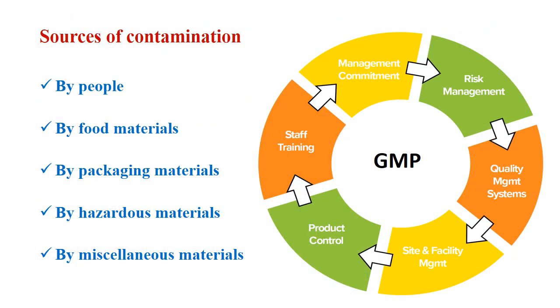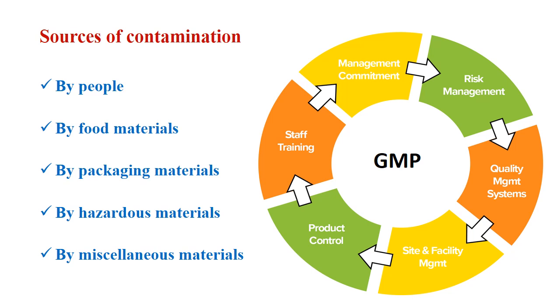As I mentioned, contamination is a very important point for maintaining the quality of any food product. So here we will see the sources of contamination. Firstly, by people, that is the personnel or workers, then by food materials, by packaging materials, by hazardous materials, by other sources.